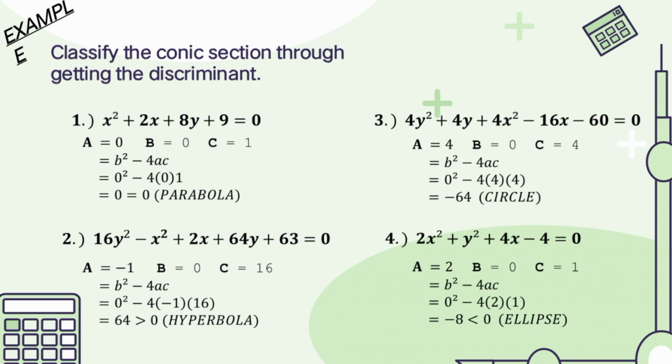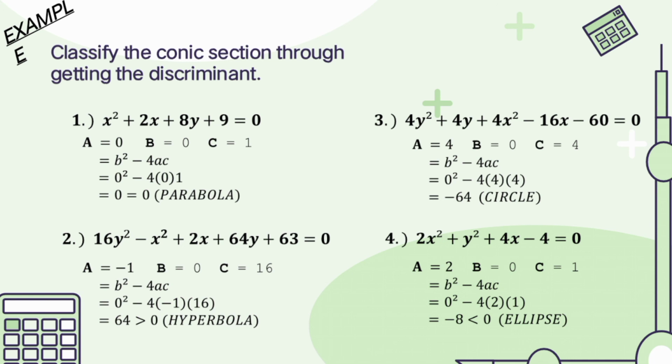So we get negative 4 times 2, which is negative 8, times 1, negative 8. Since our D is less than 0 but A and C are not equal, our given example is an example of an ellipse.